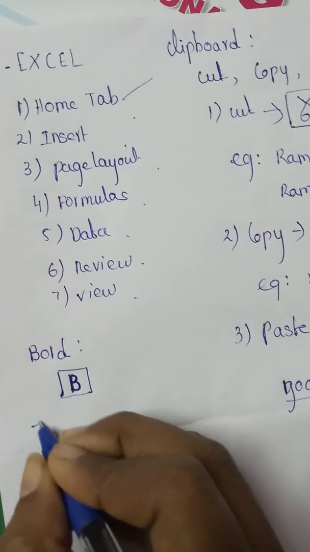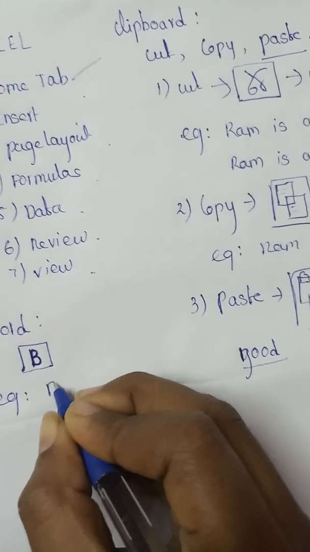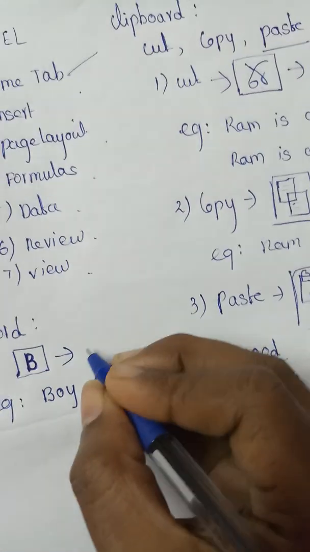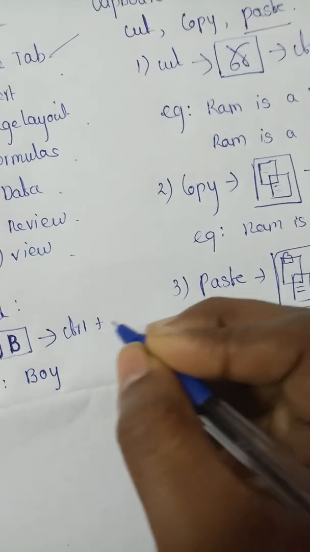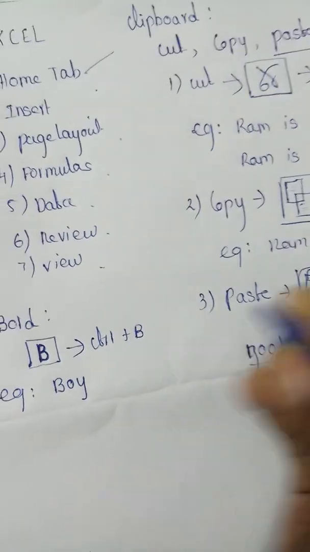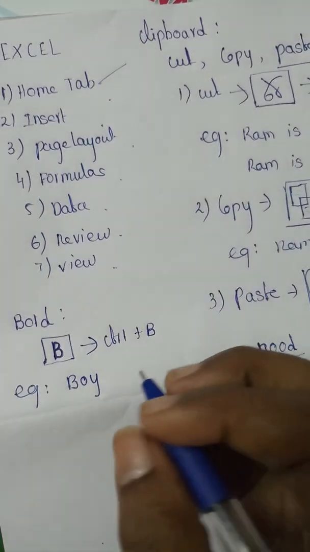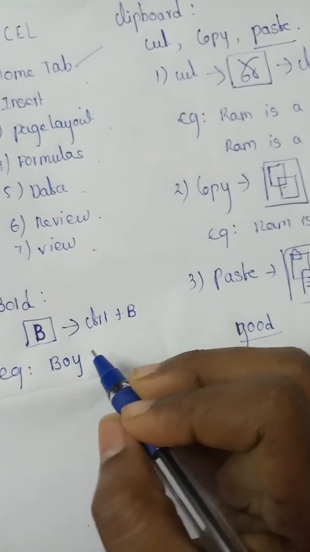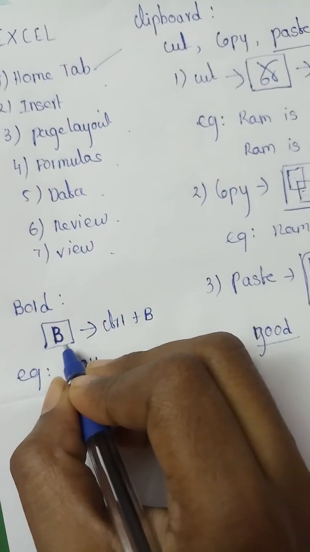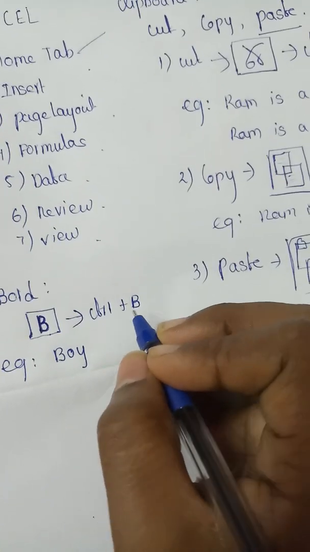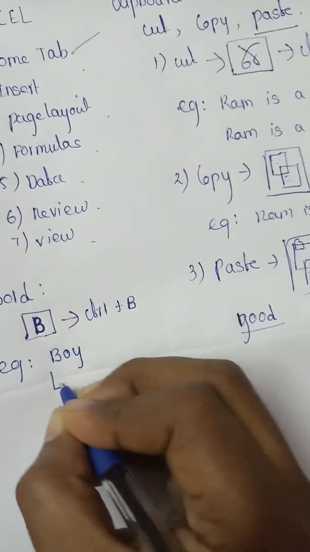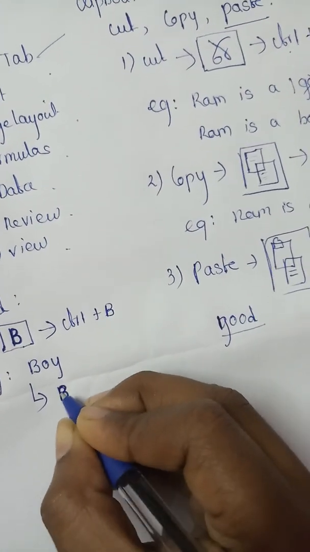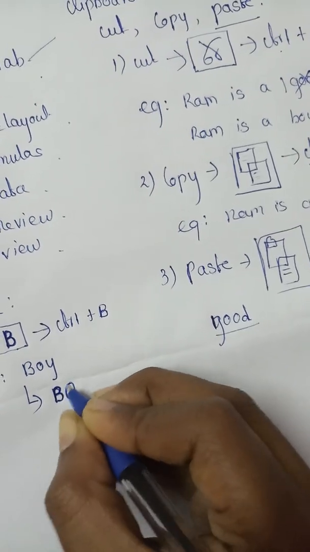For example, if I am writing here "boy," the shortcut key for bold is Ctrl plus B. First I select this word and then click this icon, or else I give the shortcut key Ctrl plus B. Then the text will become very bold.